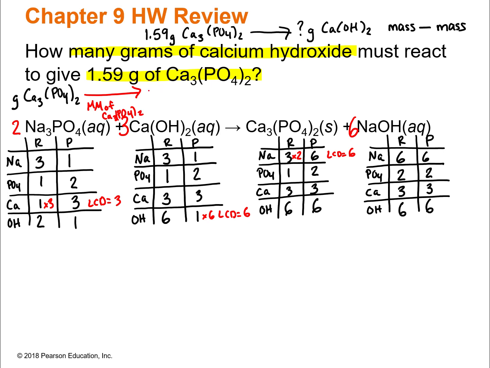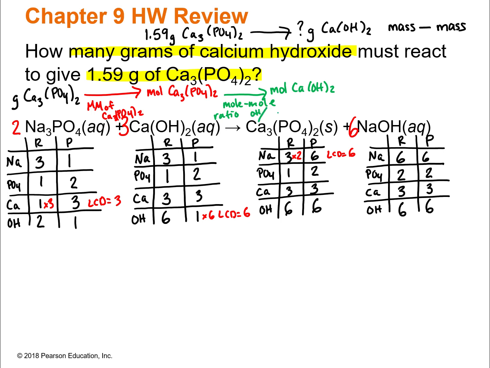We're going to use the molar mass to get to moles. Then we have to get to moles of calcium hydroxide. That's a mole-mole ratio, where we do the B over A. So I'm going to kind of do shorthand here.